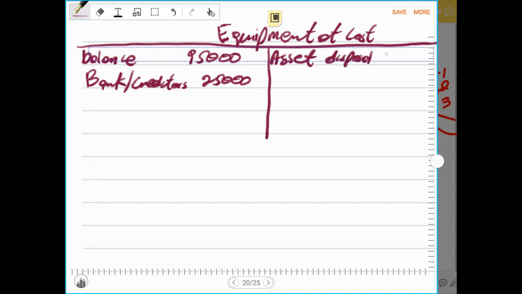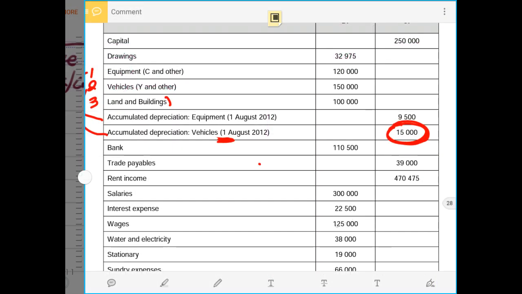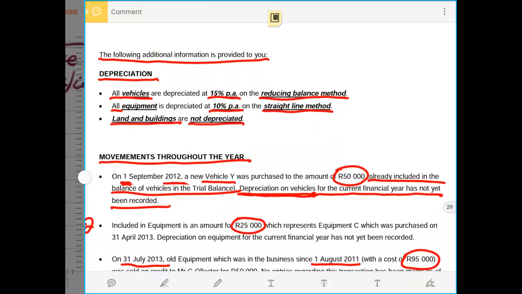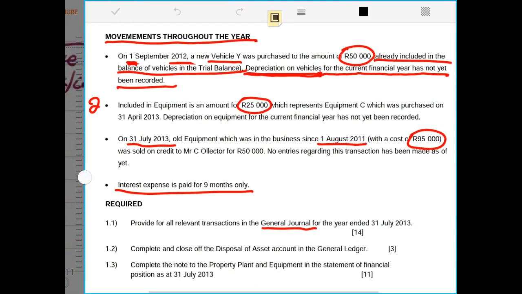And the equipment that was disposed of during the year, they told us that it was costing 95,000 rands. As you can see in the third adjustment, an old equipment that was costing 95,000 rands, which was in the business from the 1st of August in the year 2011, was sold out of the business.